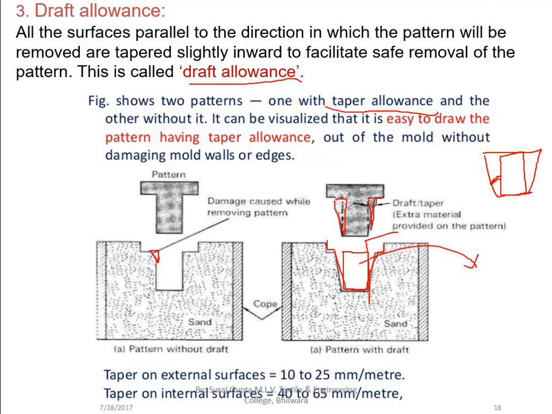This can be correlated like this: theta equals perpendicular upon base. Because theta is very small, tan theta can be written as theta, so theta equals this height divided by this length, perpendicular upon base, so h upon l. This is height and this is length.